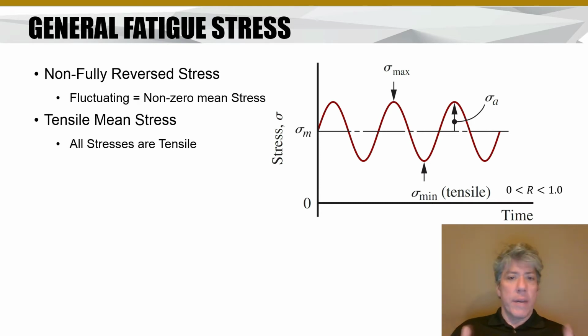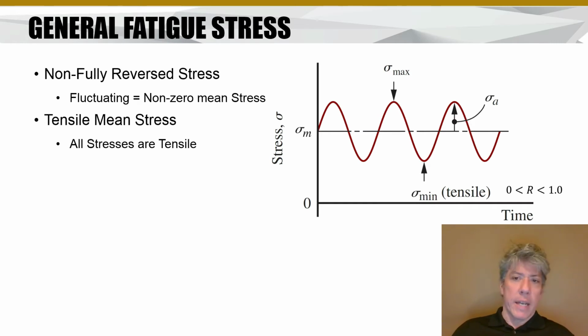We can still talk about an average or mean stress. We can still talk about a stress amplitude, a maximum and a minimum. And if you think about the limits, this shape could be moved up or down, and its amplitude could be changed. But as long as that minimum stress is above the axis, then the stress ratio will vary somewhere between 0 and 1.